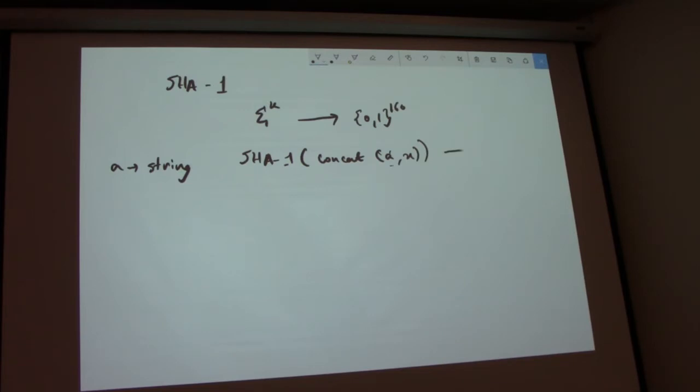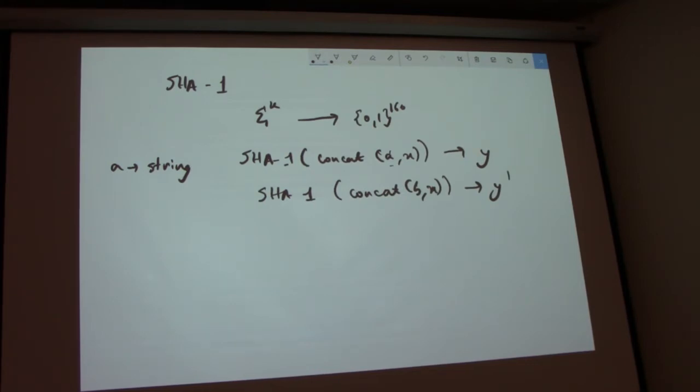Yes, so once you do this, it would map to some value y. But now say you did SHA-1 of some string B, right? It would map to some value y prime. So now you have say 20 different functions like this. Now you can randomly choose a function out of this family, and that would be what you would be using for the process.